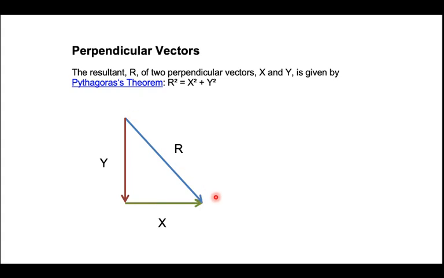So you can just use Pythagoras' theorem, r squared equals x squared plus y squared. The only thing you have to make sure is that you are adding x and y end to end. So you can't have them both coming out from a point and do that. It gets a little bit awkward. Or you can, but you have to think about it in a slightly different way.